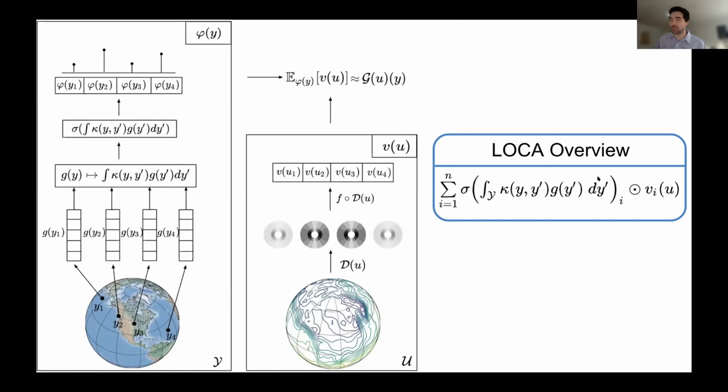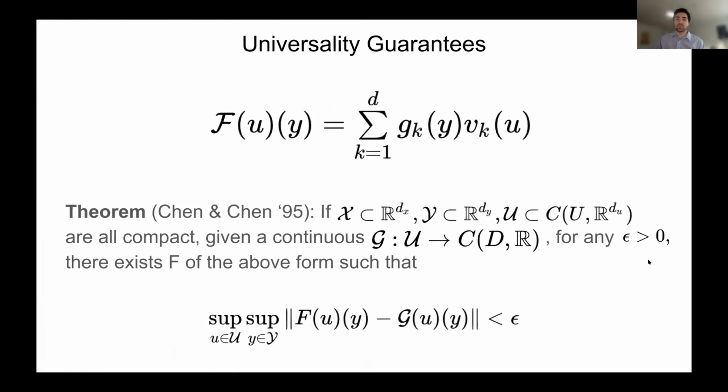Okay, I'll continue on. So we'll talk about some computational considerations, but first we're going to talk a bit about what kind of universality guarantees we can get from this kind of architecture.